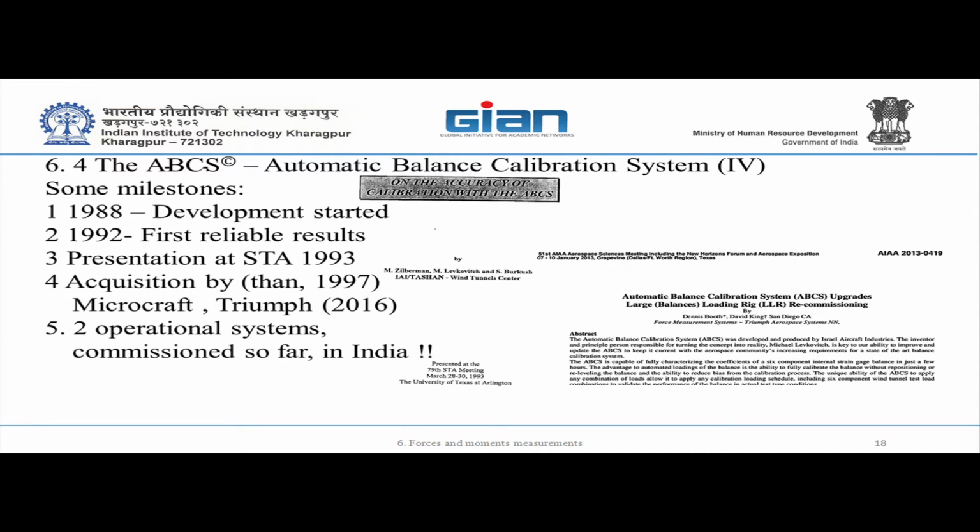This is 1997 and 2016. No, the name. I mean, they are now called Triumph. Microcraft finally became Triumph. I don't know when exactly it happened, but they took ABCS in 1997. They were making a lot of changes and upgrades. I don't know if we can quote figures of how much it cost, I just talk about multiplications.